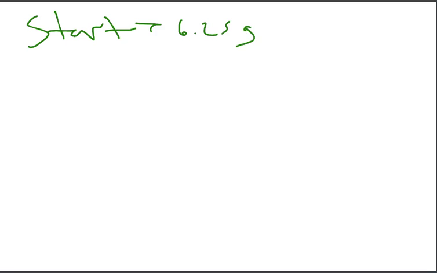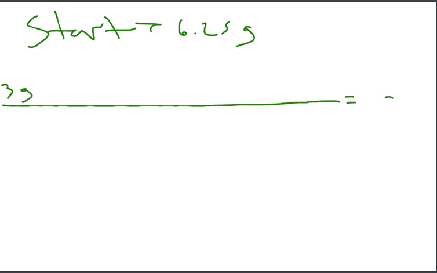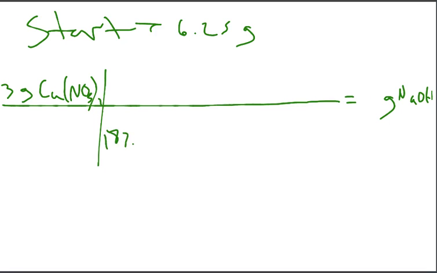Now I'm going to use a picket fence again. 3 grams. I'm going to solve for grams of NaOH. This was Cu(NO3)2, 187.5 grams per 1 mole Cu(NO3)2.